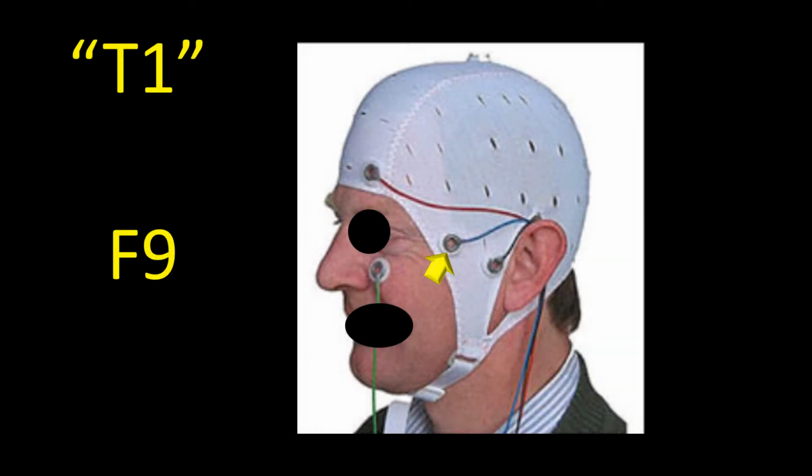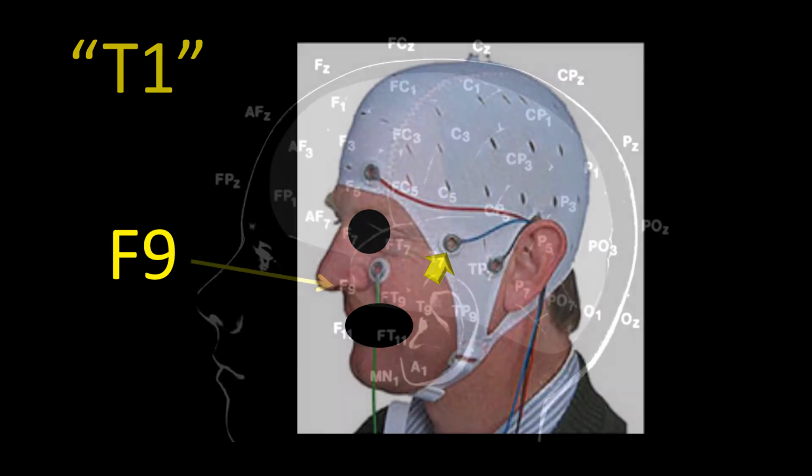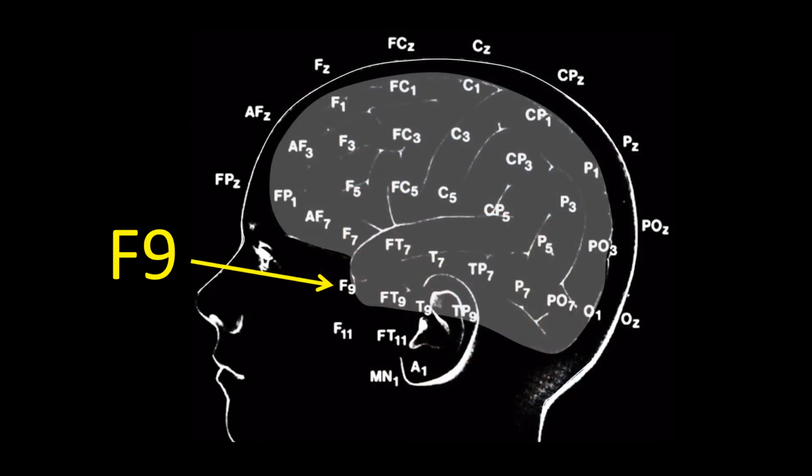T1 or Silverman electrode is not a 10-20 system terminology. The placement of this electrode is close to the 10-20 system terminology of F9. Here I'm representing the location of F9 in relation to the brain and to the eye.